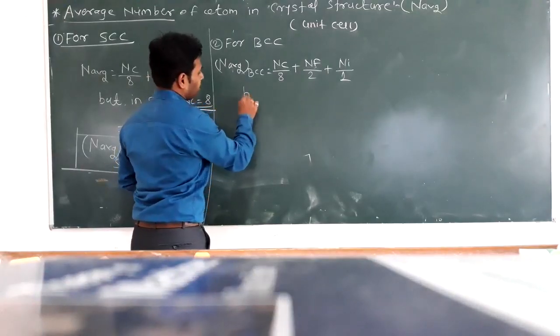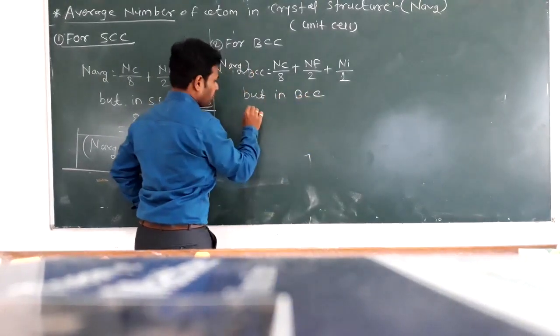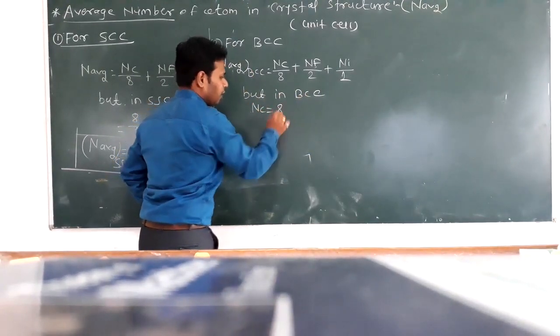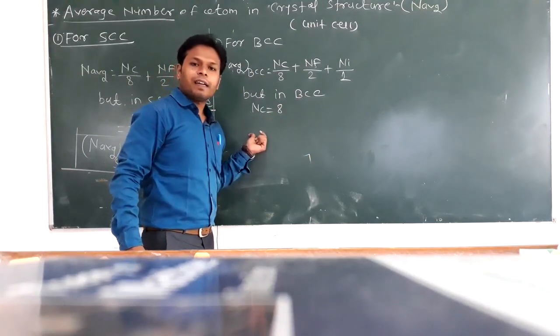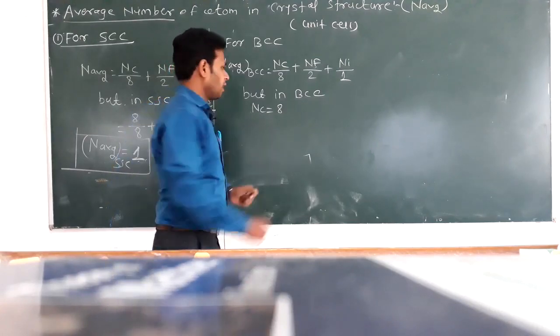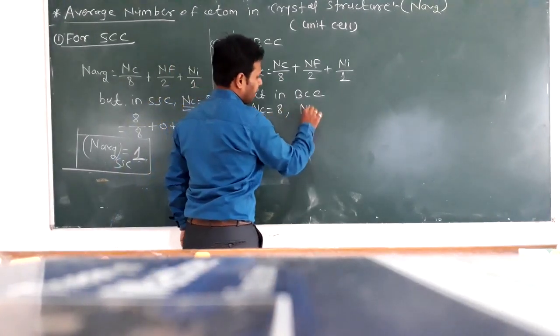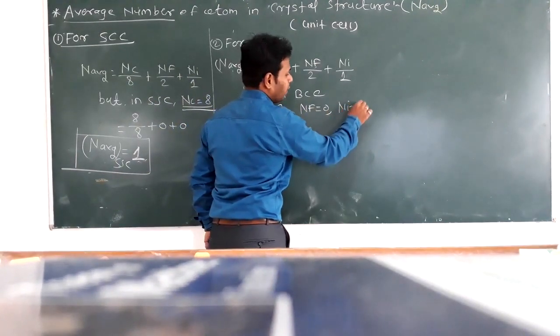But in BCC, Nc is equal to 8. Why? In a body center cubic structure there are 8 atoms placed at the corners of the crystal structure, at the faces it is 0, and at the center of the body it is 1.